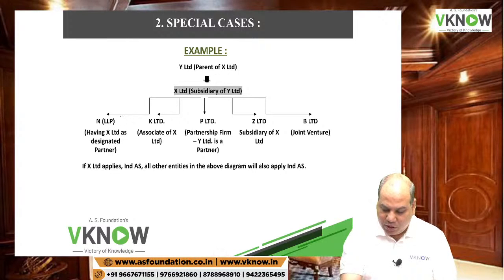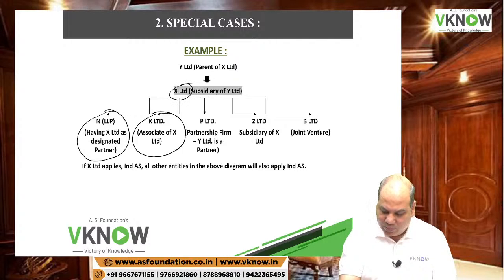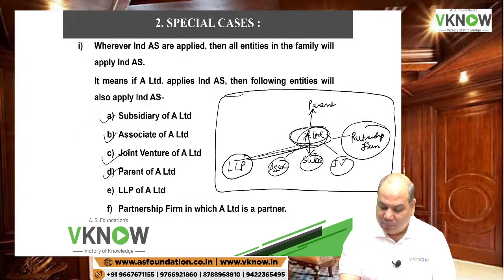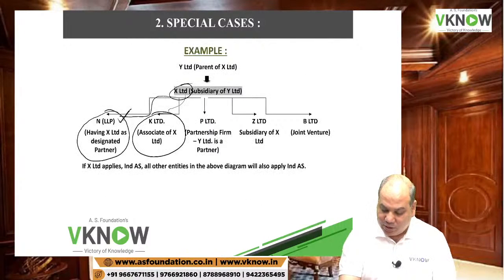So these entities have to apply Ind AS because X Limited is either a designated partner in an LLP, or X Limited is an investor and K is an associate, or P Limited is a partnership firm where X is a partner. Z Limited is a subsidiary of X, so Z has to apply.